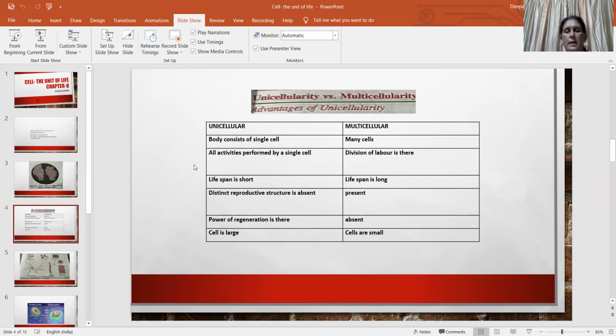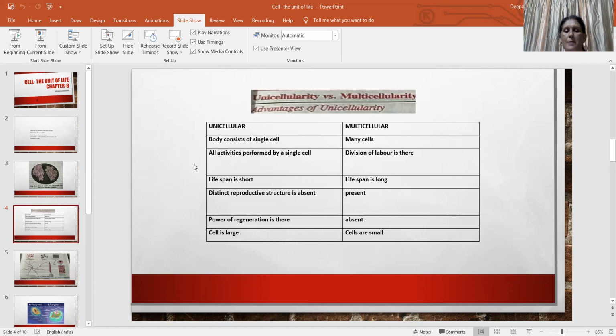In a multicellular organism, each metabolic function, whether respiration, circulation, digestion or absorption, is divided among groups of cells. So there is a division of labor in multicellular organisms, which is not found in unicellular organisms.